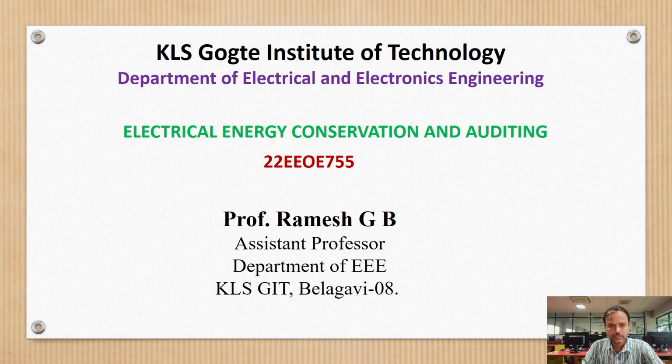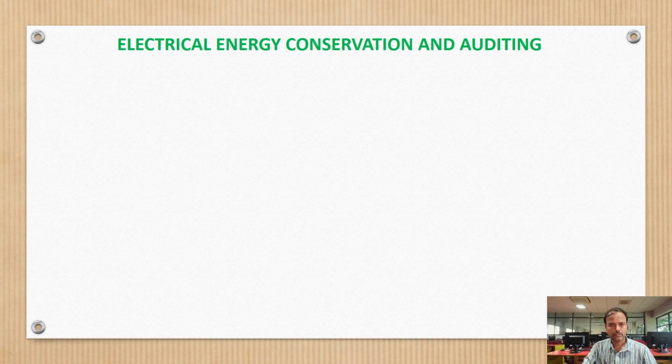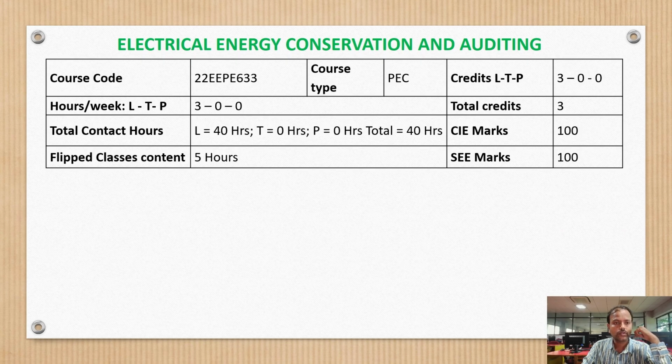So this course comprises 5 units. So let me give some introduction about the course. The course code is 22EP633.